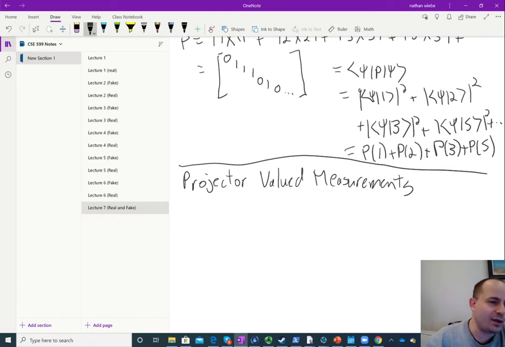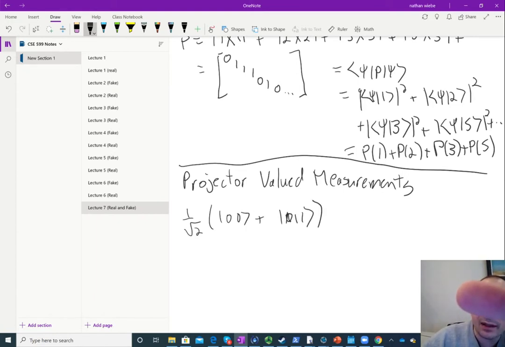So let's say, as a particular example, we have the state 1 over root 2 times |00> plus |11>. And let's say that we measure the first qubit over here, and we get the outcome 0. Then we all know that if we measure this to be 0, then the resulting state has to be |00>, so the second one has to be 0.